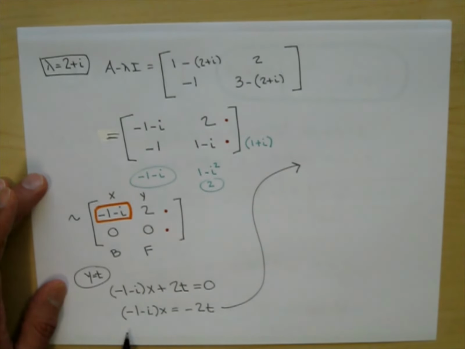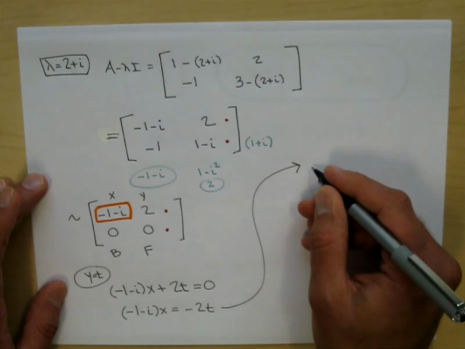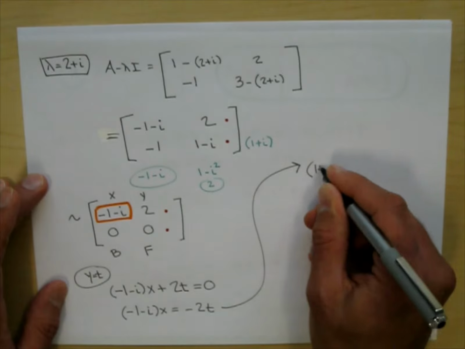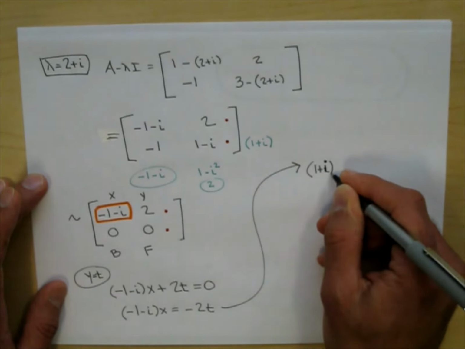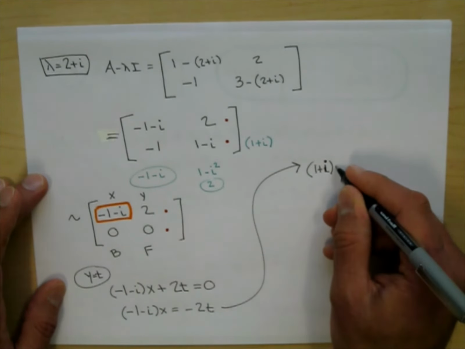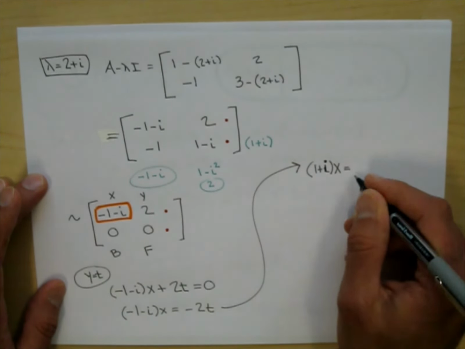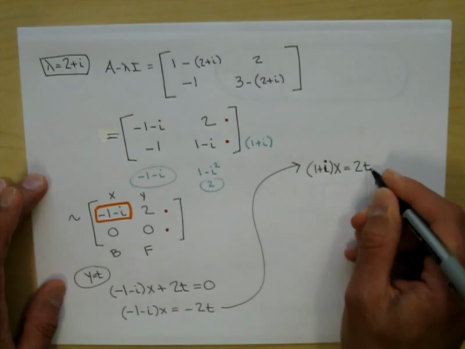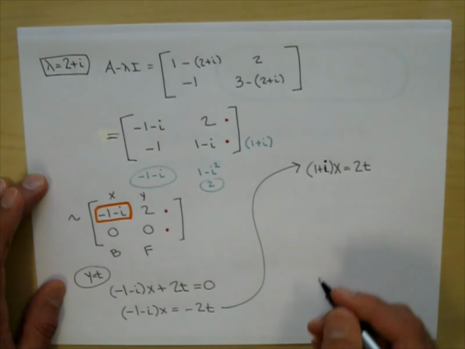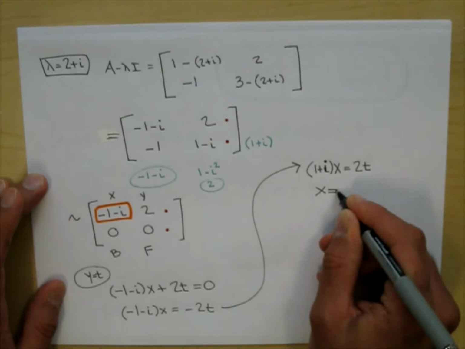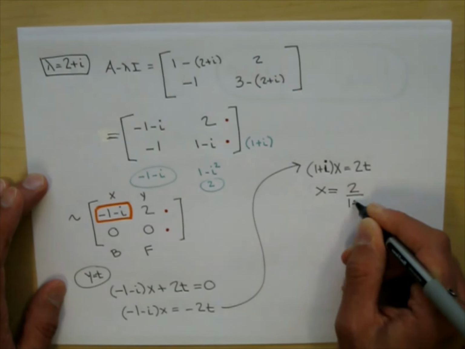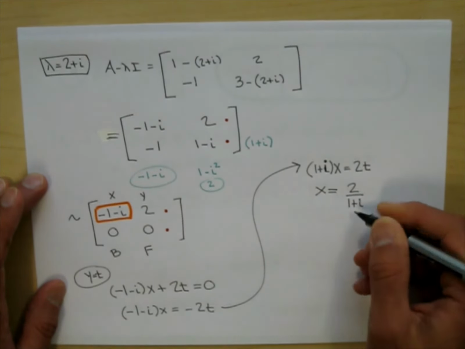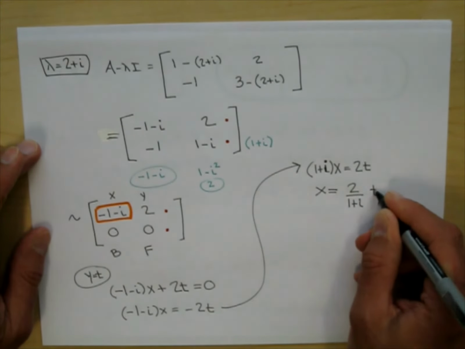I'll bring it up over here. I'm going to multiply this equation by a negative 1 just to get rid of some of that negativity. 1 plus i times x equals 2t. So what does x equal? x equals 2 over 1 plus i times t.